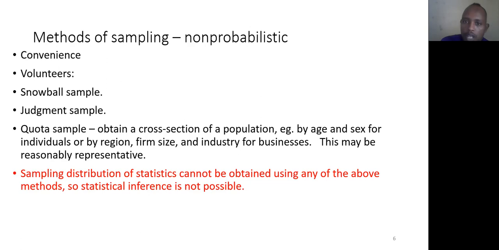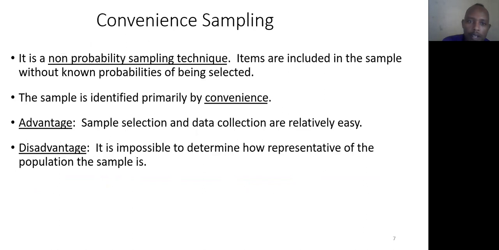Therefore, using non-probabilistic sampling method is not an appropriate way of sampling. What are the advantages of using such non-probabilistic sampling methods? They make it easier to select respondents or sample size and collect the data. But the problem is that the size or the characteristics of the sample may not represent the characteristics of the population.